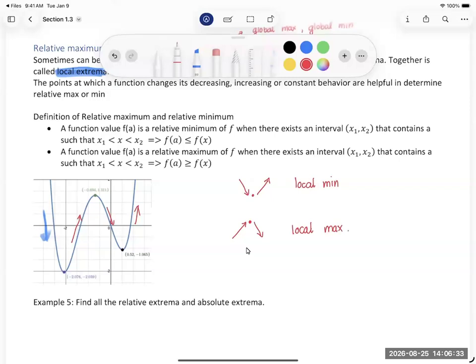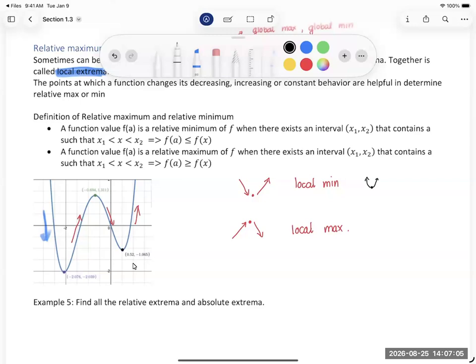On this graph, I can see there are two local minimums because I have two points where the graph goes decreasing then increasing. The local minimum looks like a cup, right? You can hold something right here. That is the local minimum.